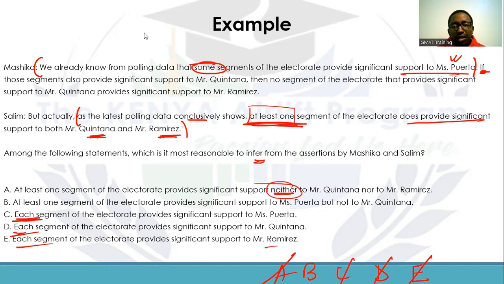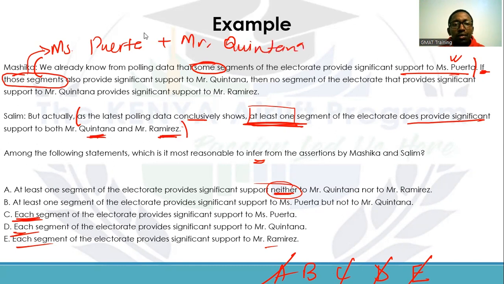So we have this as a fact that some segments provide support to Mrs. Puerta. So we have a condition: if these segments also provide support for Mr. Quintana, then no segment of the electorate that provides significant support to Mr. Quintana provides significant support to Mr. Ramirez.